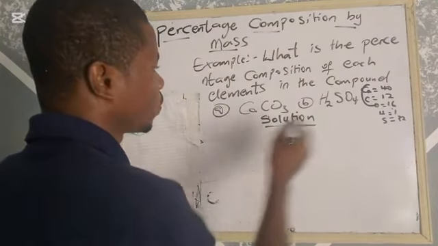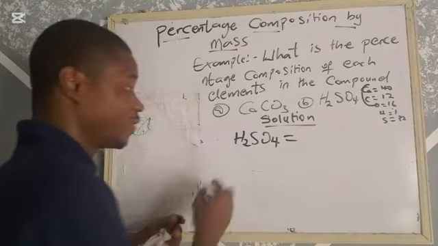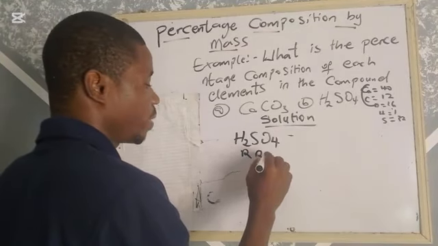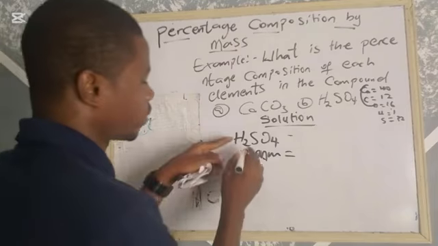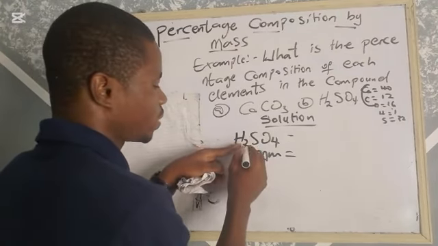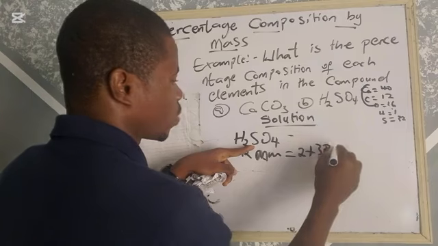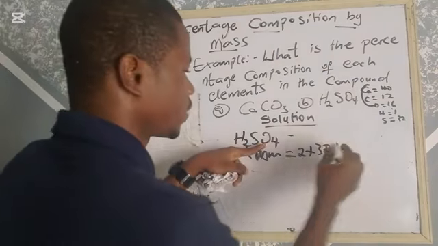So they said H2SO4. Of course, the first thing you do is to find the RMM of H2SO4, the relative molecular mass. Remember, relative atomic mass of hydrogen is 1, so we have 1 times 2, which gives us 2, plus sulfur is 32, plus oxygen is 16 times 4.